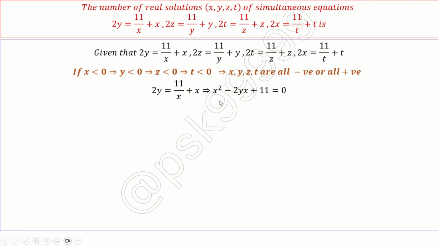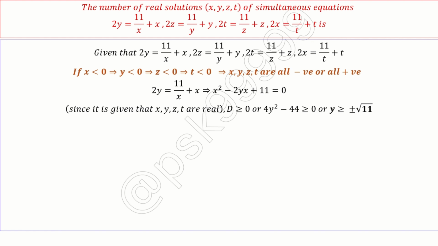It is given that these are all real solutions, so the discriminant should be greater than or equal to 0, which means 4y square minus 44 is greater than or equal to 0, or y is greater than or equal to plus or minus root 11. Note down this point. Similarly we can take the other equations and prove x is greater than or equal to plus or minus root 11, same thing with z and t.